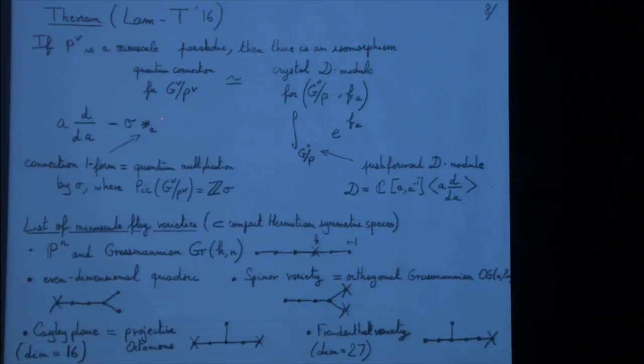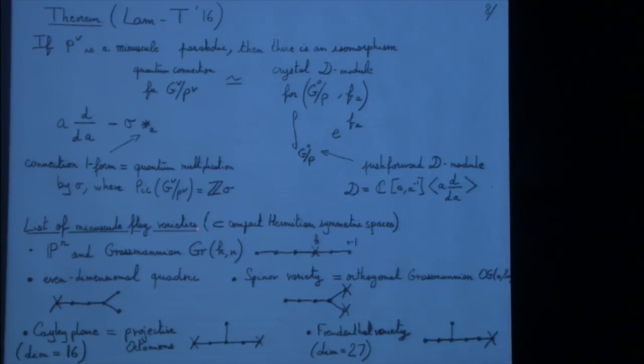What's the variable here? The quantum variable A. Because it's minuscule, H2 has dimension 1, because minuscule implies maximal. So this is a linear ODE in one variable, and here you also have one variable A, and so we identify these two objects.